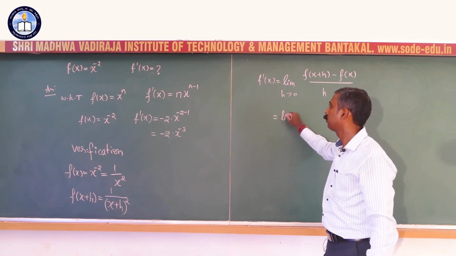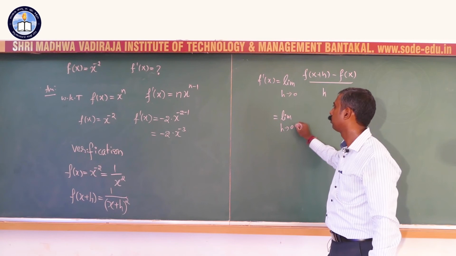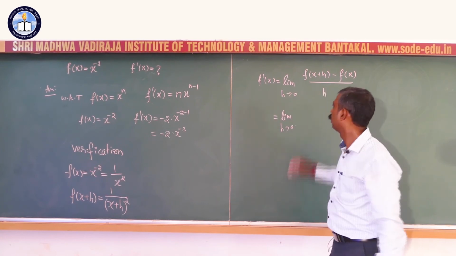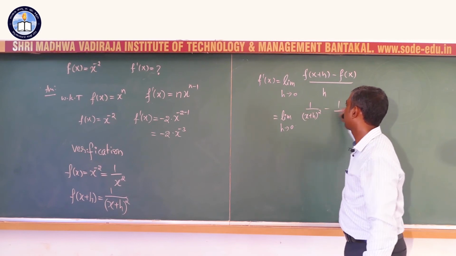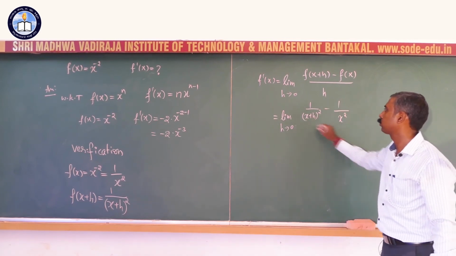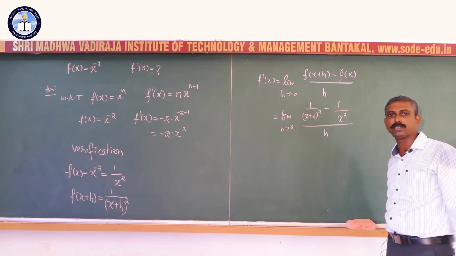Let us substitute limit h tends to 0. What is f of x plus h? 1 divided by x plus h whole square minus 1 divided by x square, whole divided by h.